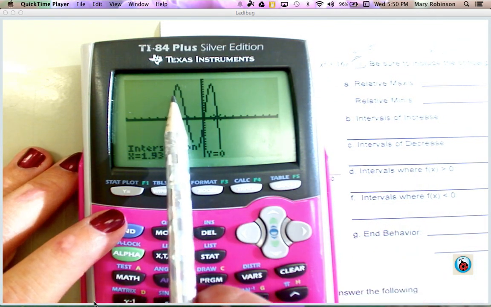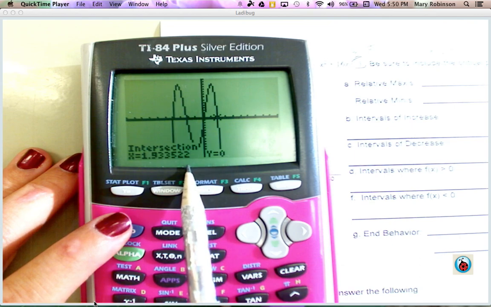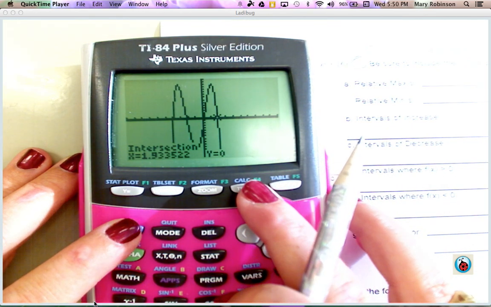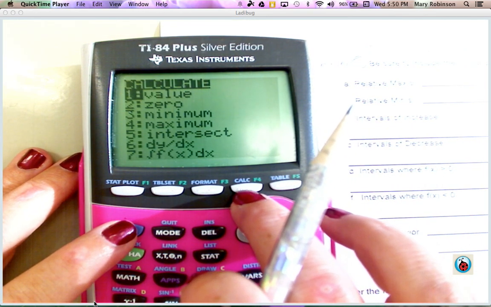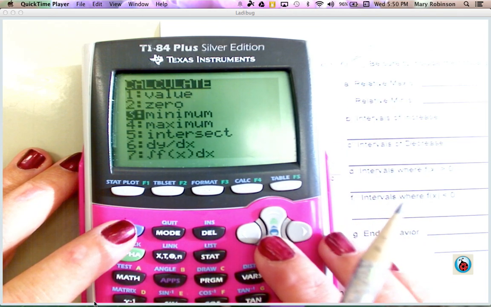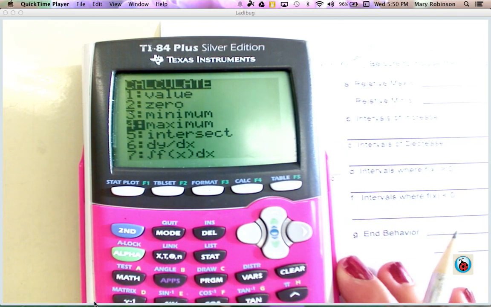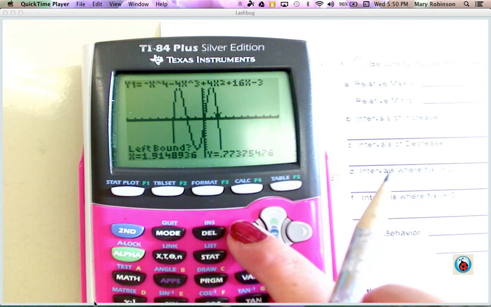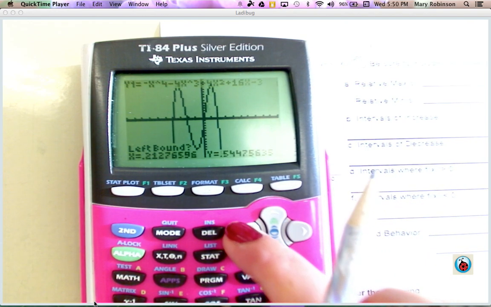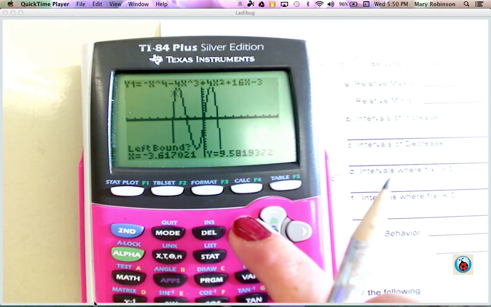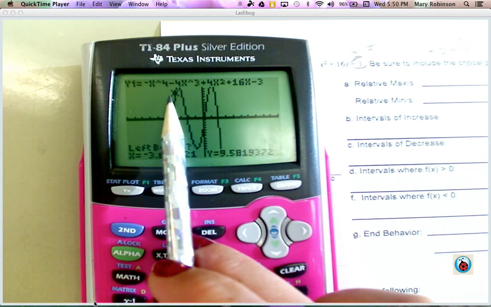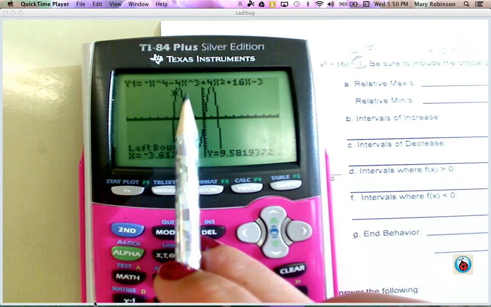Next, we need to find our relative maxes here and our relative min down here. So to do that, I want it to calculate, so I can hit second, trace, and let's do our maximums first. So we have to mark our left bound and right bound, so I'm going to arrow all the way and just barely go to the left side. I'm going to mark my left on the left and then my right on the right.